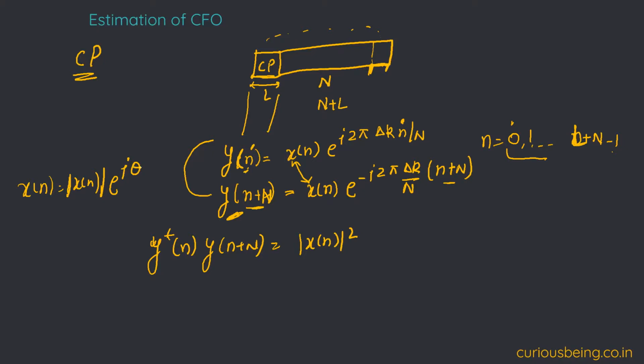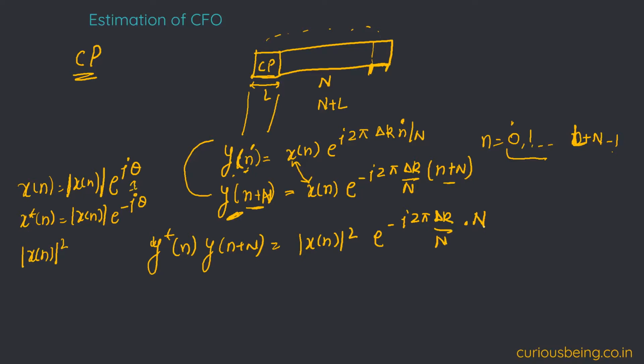Then the conjugate of x[n] is magnitude of x[n] into e to the power minus j theta. When we do this multiplication, we are doing x conjugate[n] into x[n], so it will be magnitude of x[n] square into e to the power 0, because these phases cancel each other. So the only phase we will have is e to the minus j 2 pi delta k by N into N.